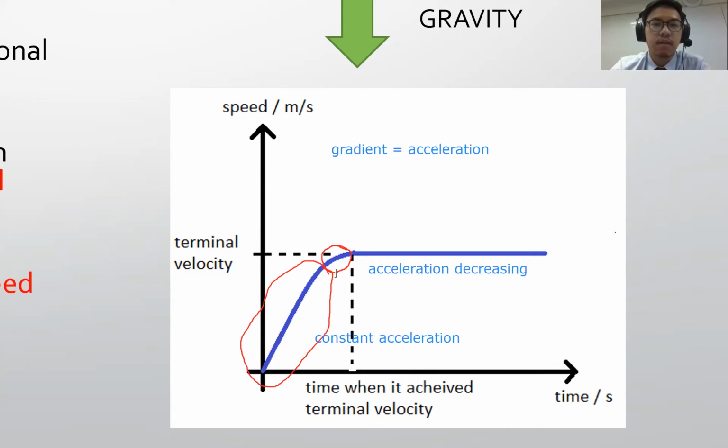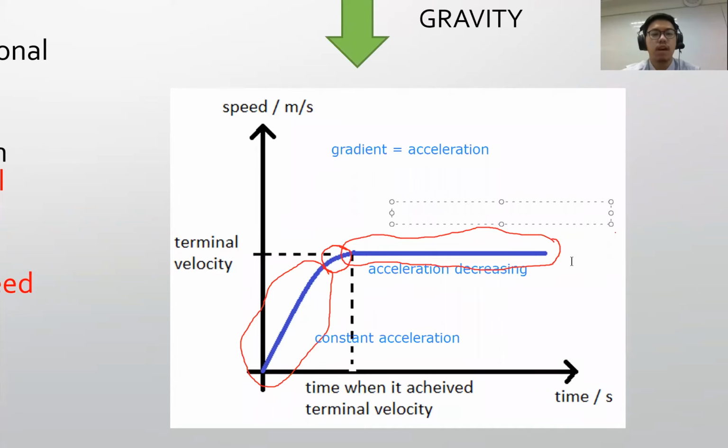In the middle part here, you're still increasing in speed, but your acceleration decreases. And then after your speed has increased to a certain point, your speed will no longer increase and it will become constant. So when you have reached this point of the graph, this is what we call terminal velocity.